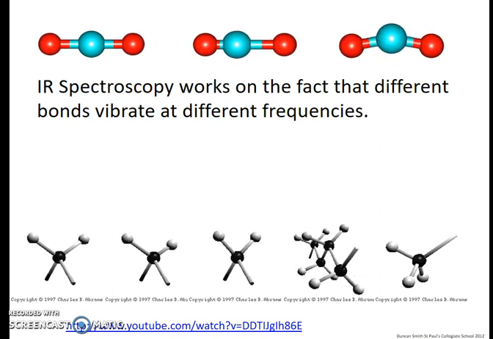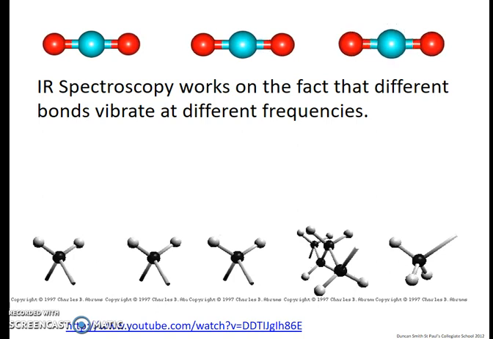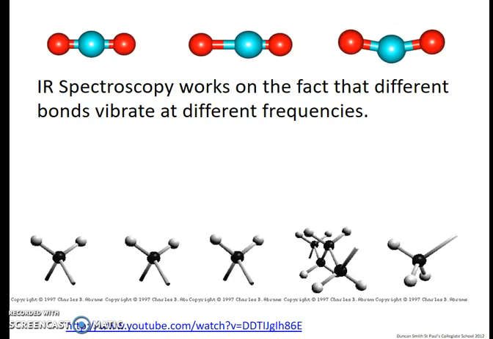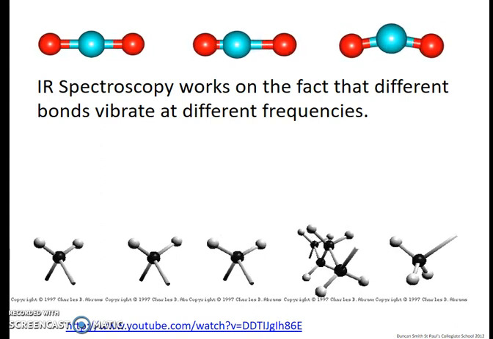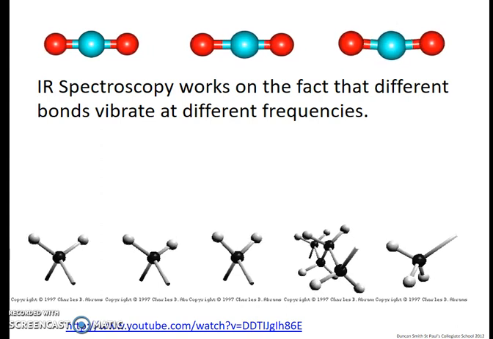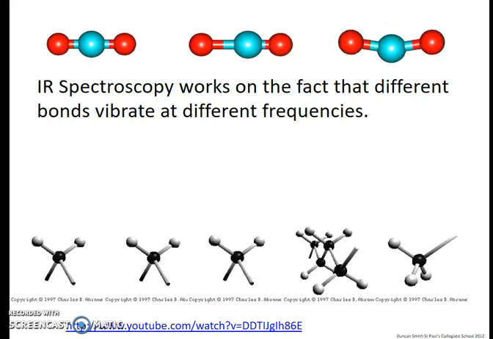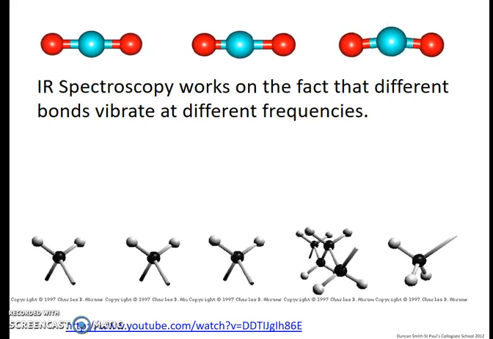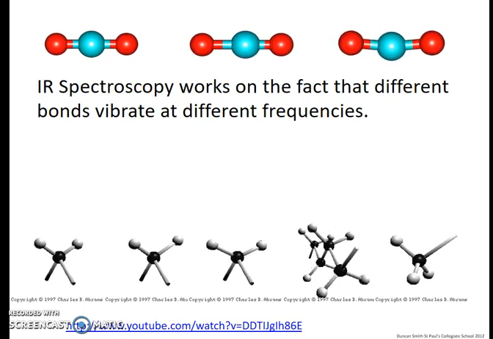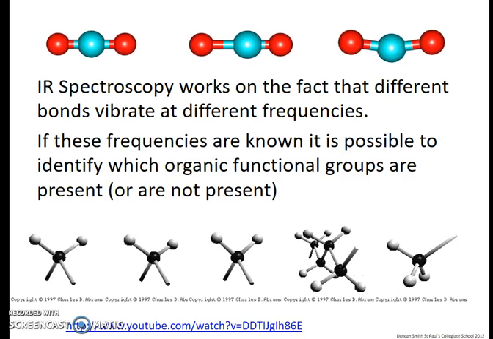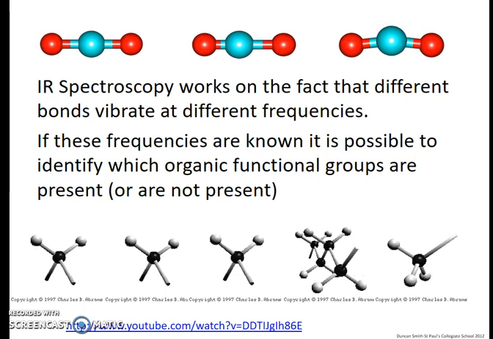The infrared radiation is usually over a range of different frequencies, and so the energy for all the different types of bonds will be absorbed at different frequencies. The frequencies at which the energy is absorbed will tell us what functional groups and what bond types are present in the molecule. Okay, so that's the general concept.